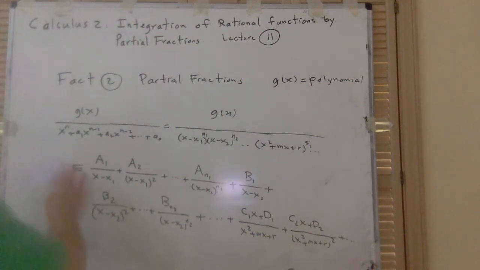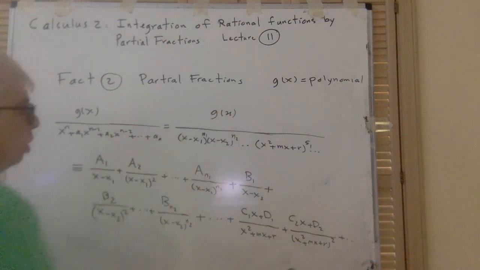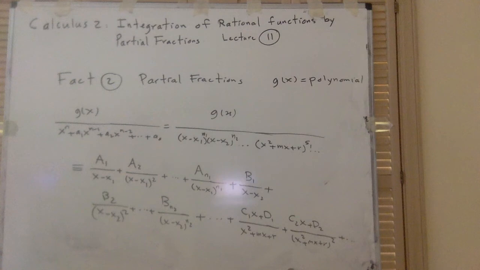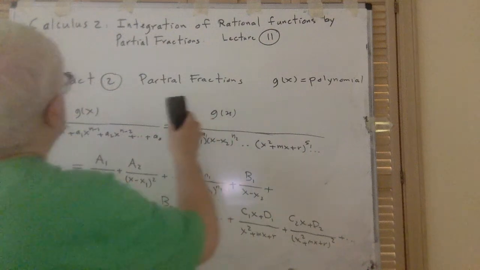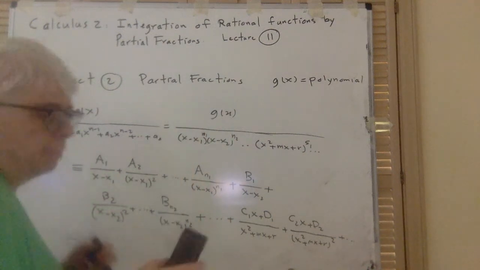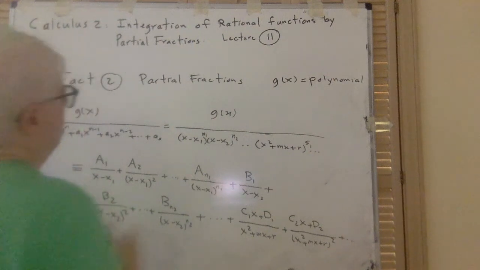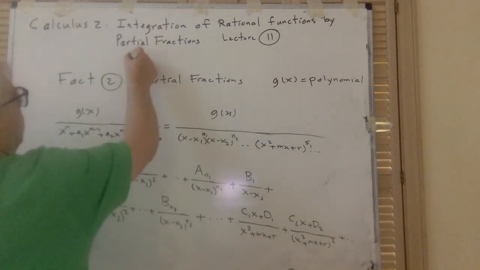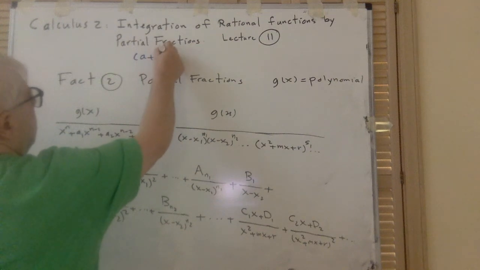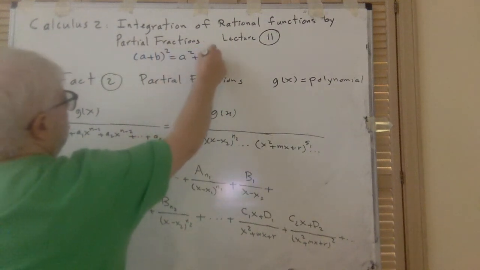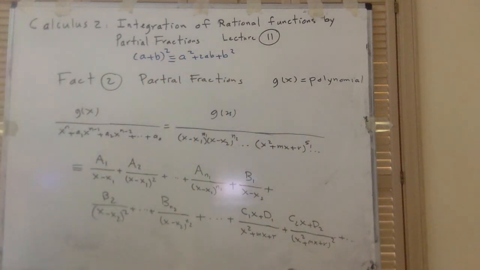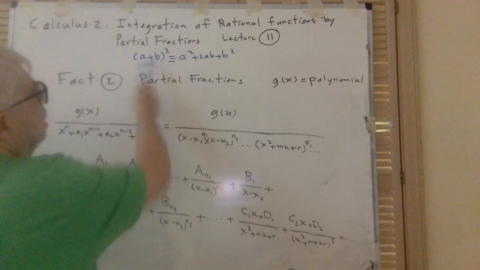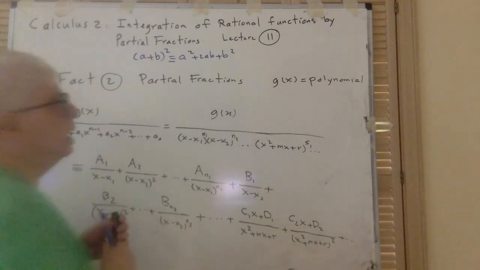Now, when I say it is equivalent, I mean this side and this side are the same. Let me explain. It's like an identity. If I say (a plus b) squared is a squared plus 2ab plus b squared, the two sides are exactly the same; for any a and b, they are the same.